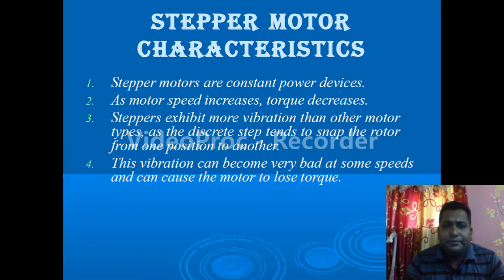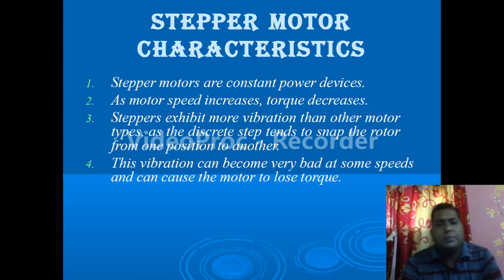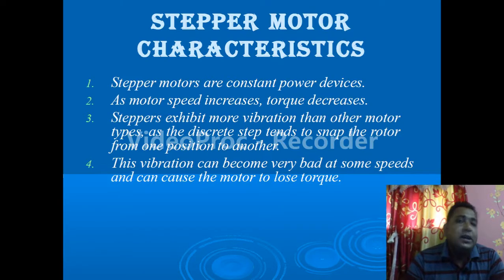Now coming to the stepper motor characteristics. What characteristics do we have in the case of the stepper motor? Stepper motors are constant power devices. As motor speed increases, torque decreases. Steppers exhibit more vibration than other motor types, as the discrete step tends to snap the rotor from one position to another.